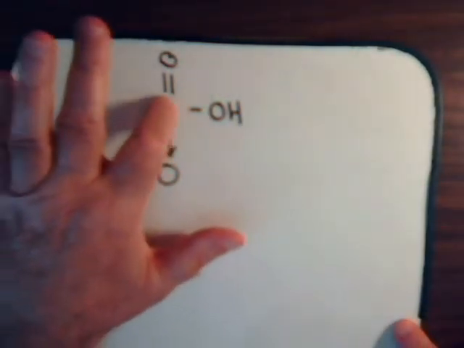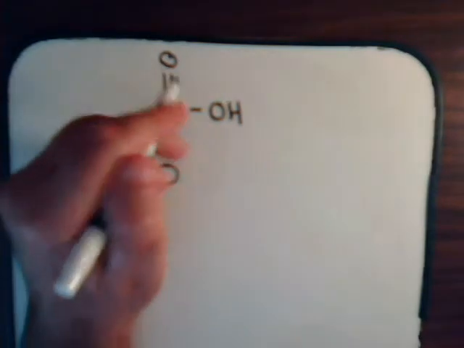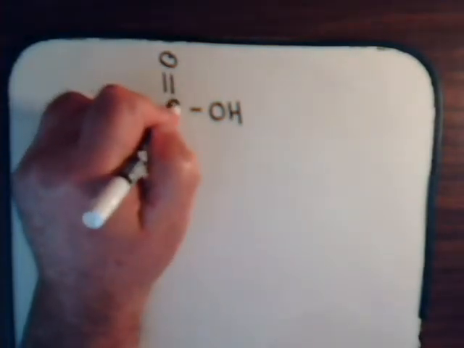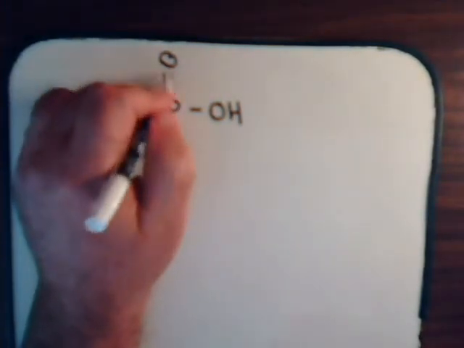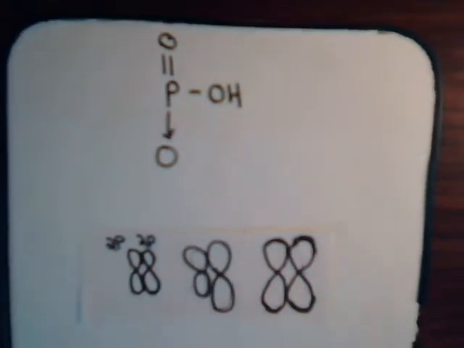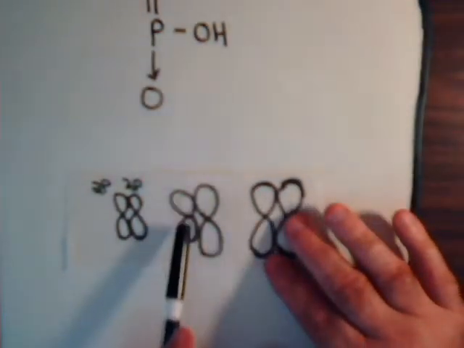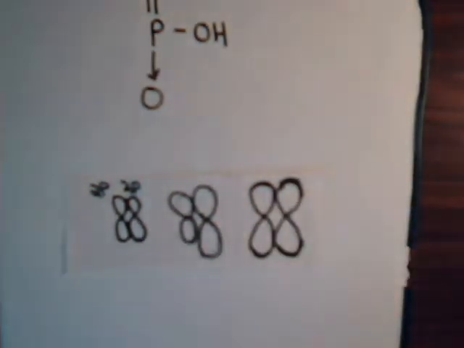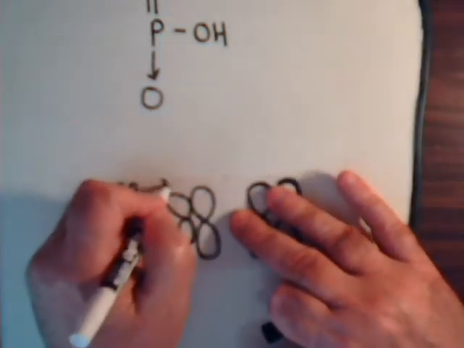Now, if we have phosphorus in here, this pi bond does not form. And the reason is oxygen has a 2p orbital. Phosphorus is 3p. You don't get the overlap nearly as well, therefore the bond is extremely weak.